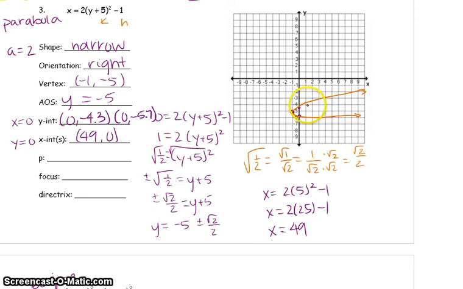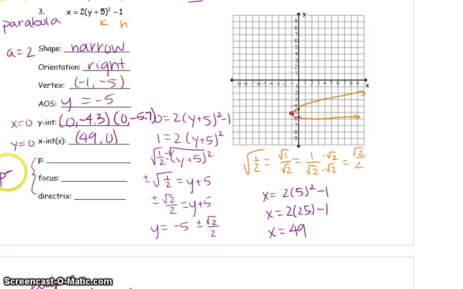And I graphed this first to help me to visualize where my focus is going to be. Okay, so when we're doing these last three steps, we have to remember that our p-value is equal to 1 over 4a. Our a value is 2, so we just take our 2 and plug it right in here for our a.